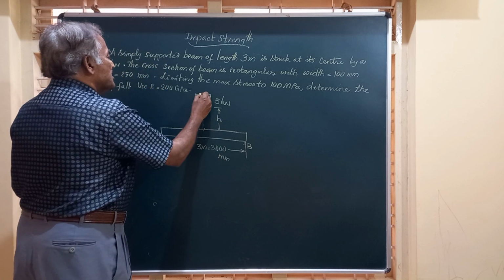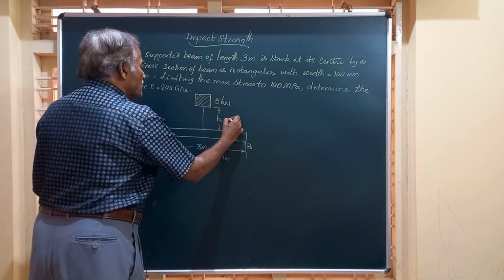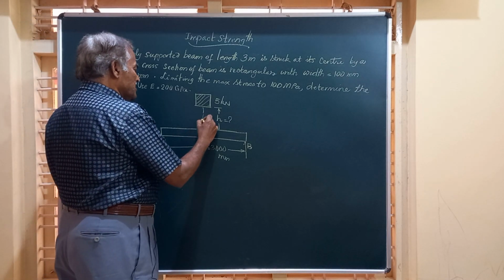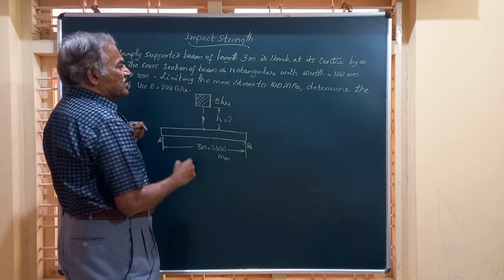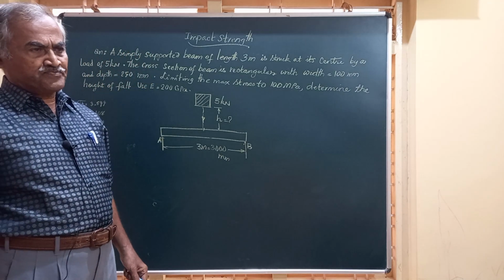This is the load that is being dropped, and we are to find out what should be the height of the fall so that the maximum stress in the member does not exceed 100 MPa.